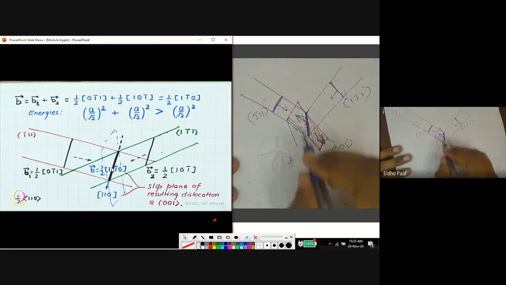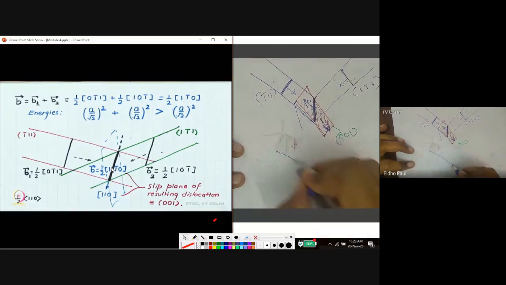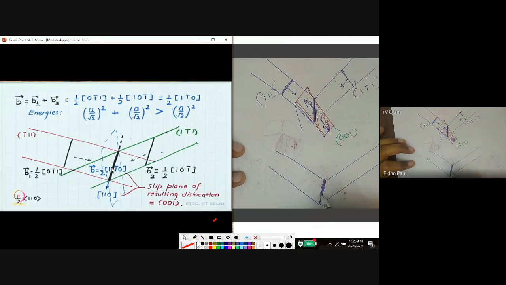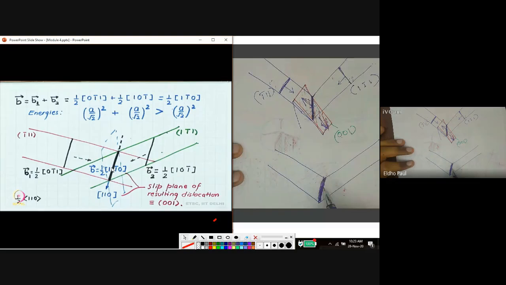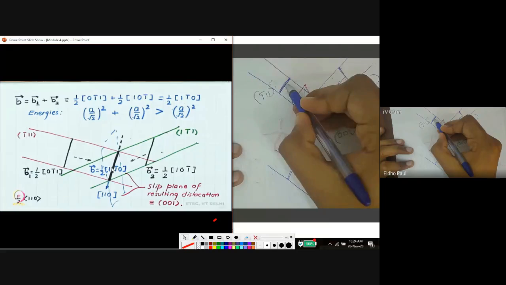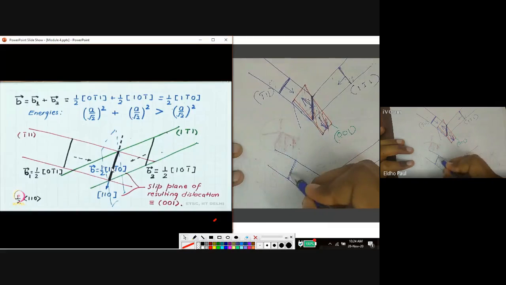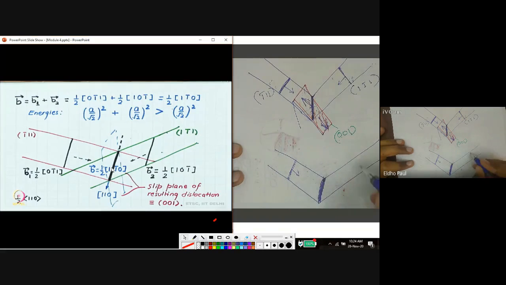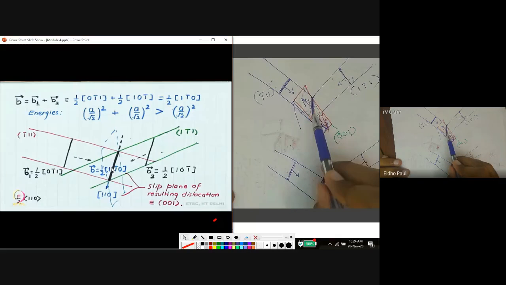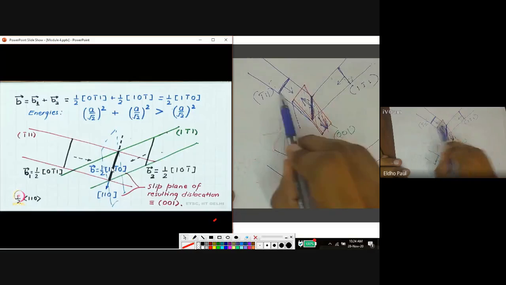Another reason is that a higher energy dislocation line is present here. By the addition of these two dislocations, this dislocation has higher energy than either of the two, because it is the product of joining of these two dislocation lines.